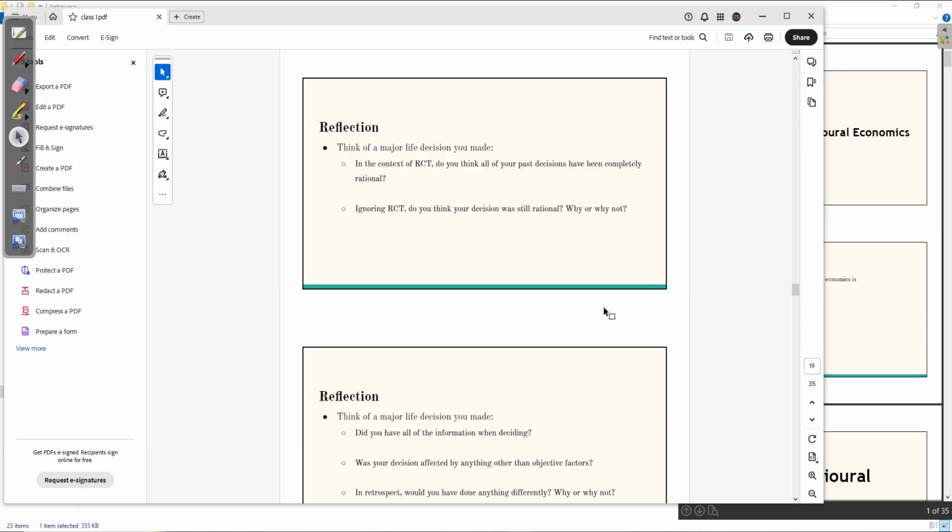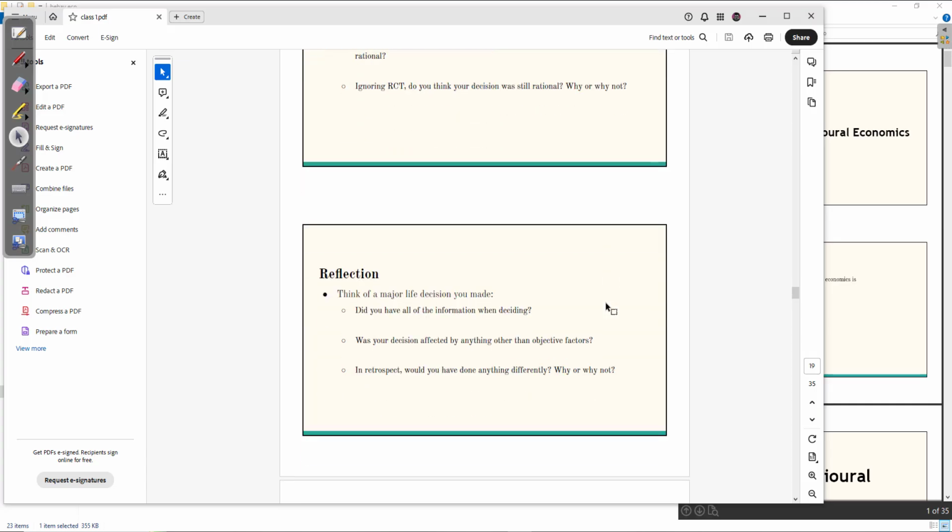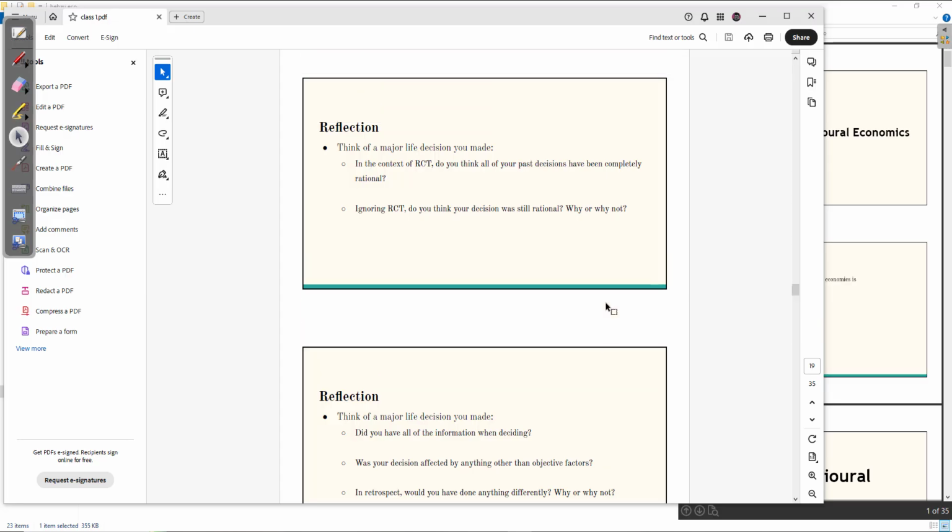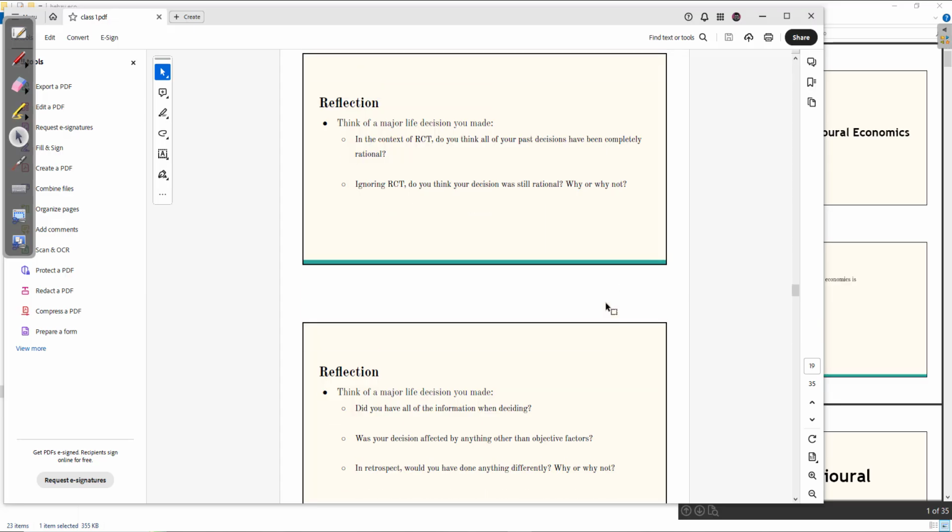So if you want to apply these things to yourself, you can just think of various decisions that you take every day. Think of any decision that you make in your life that involves other persons also. Maybe you are going on a trip with your friends and you want to go to Goa, but they want to go to a hilly region. Then what you chose and why you chose, maybe you are influenced by your friends' decisions, or you are able to influence their decision.